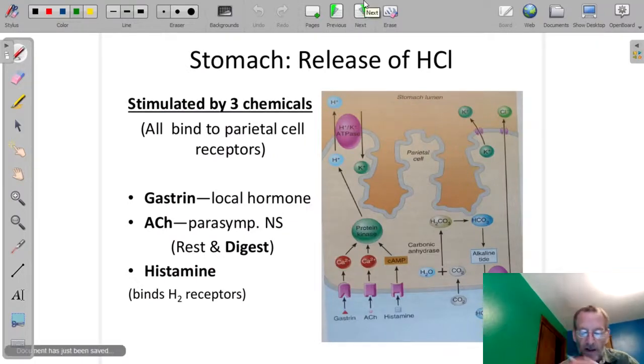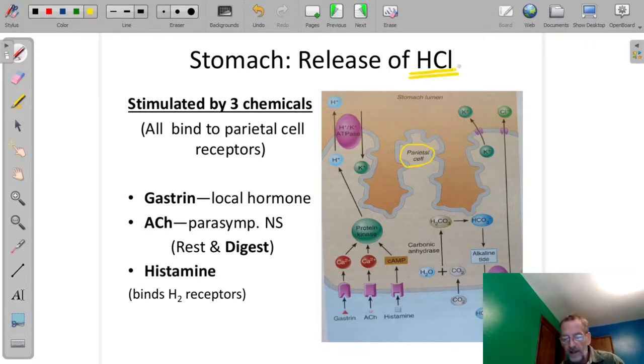Let's do a little bit on the production of hydrochloric acid by the parietal cells. So this is a parietal cell that we've just looked at, and it's producing hydrochloric acid.